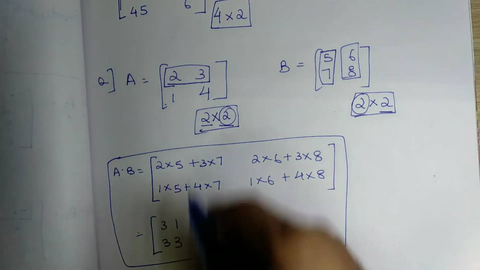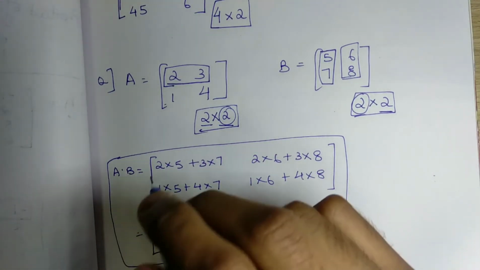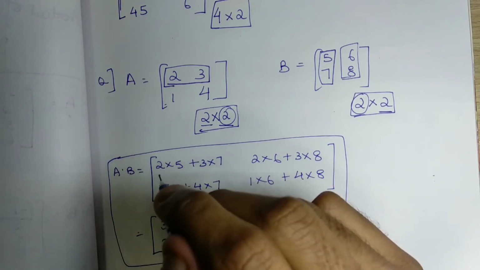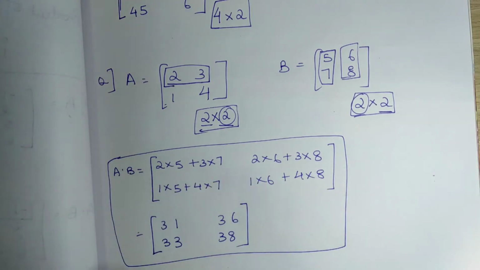After checking whether the number of columns in matrix A is equal to the number of rows in matrix B, a general statement is we multiply the individual elements along the row of matrix A with the corresponding elements down the column of matrix B and then add the results.